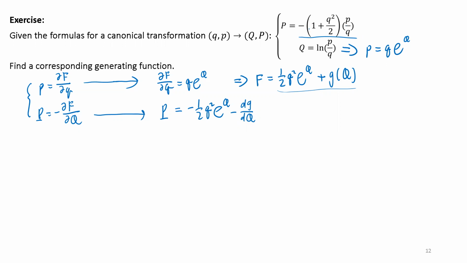Right, so what is this? This is minus 1 plus Q squared divided by 2 times small p divided by small q.